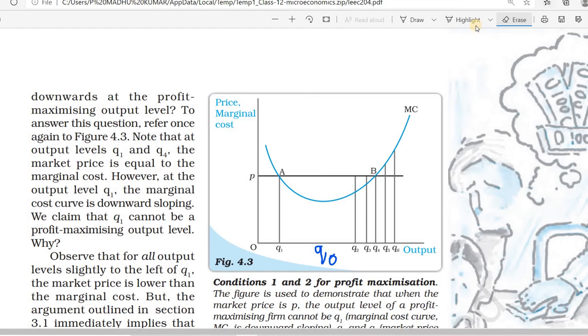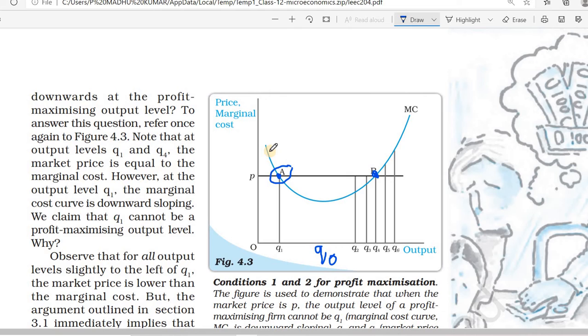Which are the points where MC equals P? This is the MC curve and this is the price line P. At this point MC equals P, and at this point also MC equals P. But what does the second condition mean?